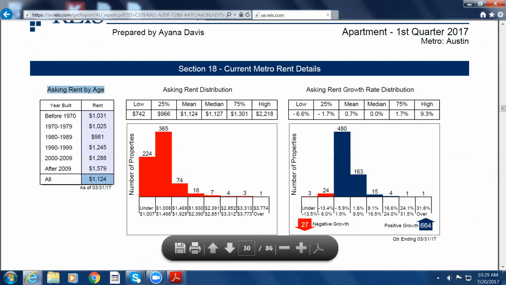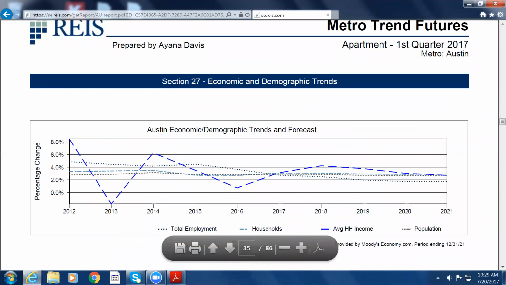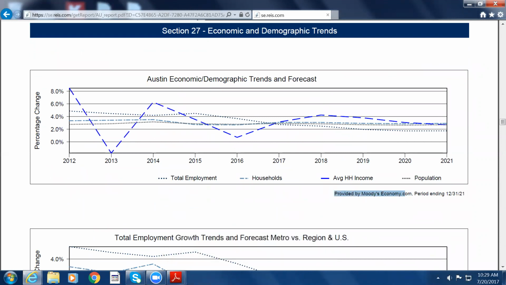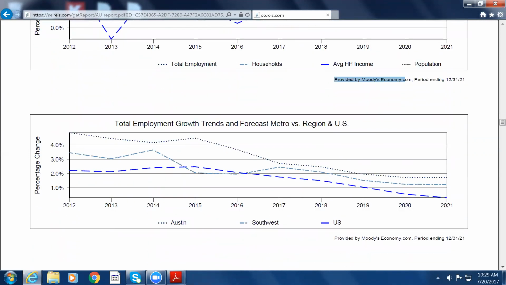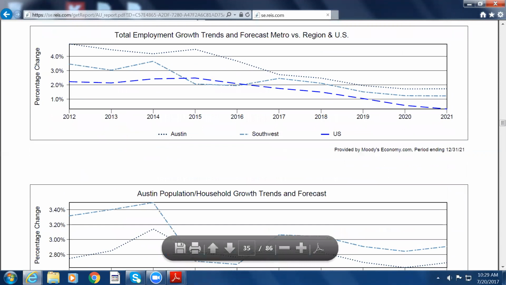But I did want to jump down here to show you that economic and demographic data that I had mentioned. Again, coming from Moody's. So the different things that we'll measure will be anything from employment to households to average household income and population. Now, these are all the charts, but I do want to show you the hard numbers below.